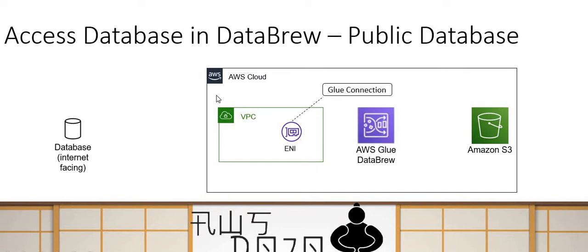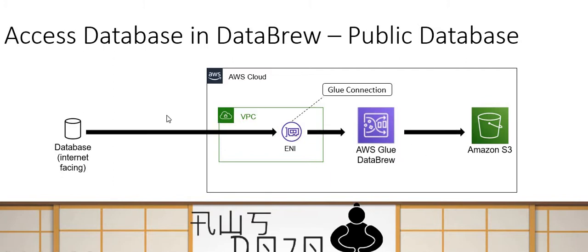Then you create an ENI in this VPC, and using that ENI, your Glue DataBrew can access the database. This ENI can access internet-based resources, so it will simply access this internet-facing database to fetch the data, and then of course you transform it and save into an S3 bucket. So that's how you access a public or internet-facing database.